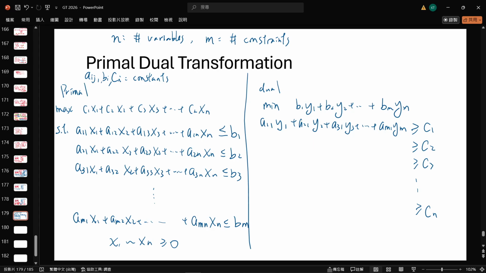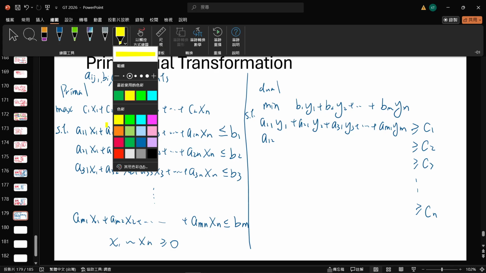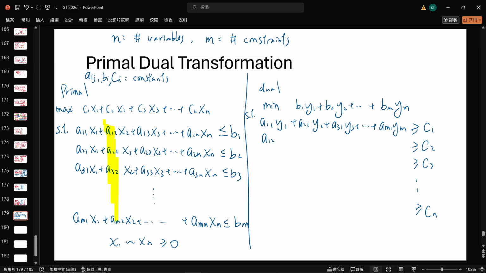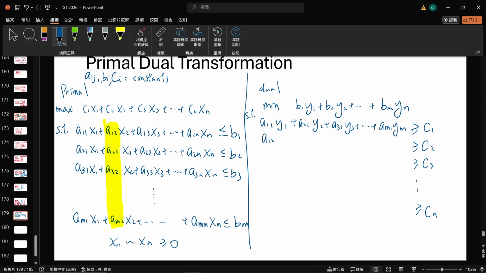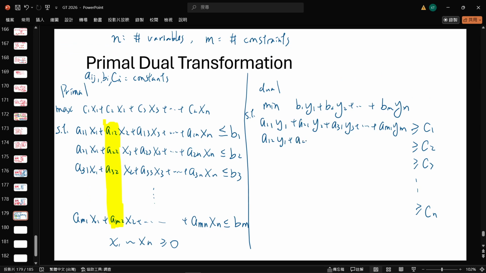And I want to make sure that this coefficient is at least c1, so that the weighted combination is an upper bound. So that's x1. And for x2, the idea is similar. This time it's a12, so let me highlight this row: a12 y1 plus a22 y2.